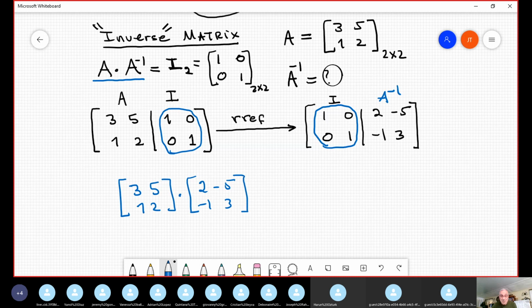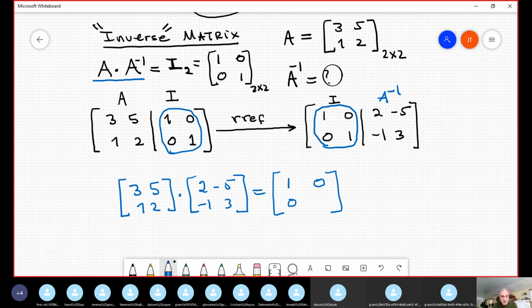And let's see what happened. 2 by 2 times 2 by 2, I get a 2 by 2 answer. 3 times 2 is 6 plus 5 times -1, which is -5, is 1. 3 times -5 is -15 plus 5 times 3 is 15, 0. 1 times 2 is 2, minus 2 is 0.